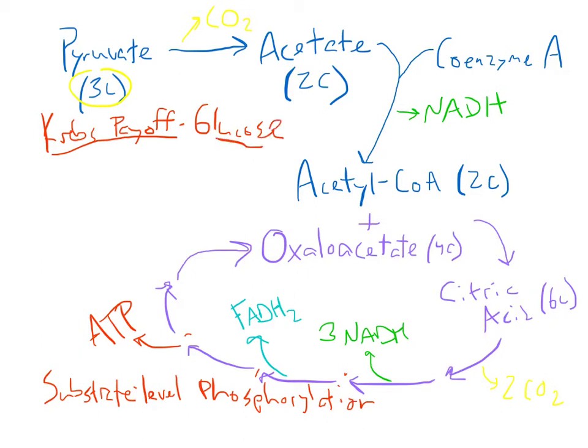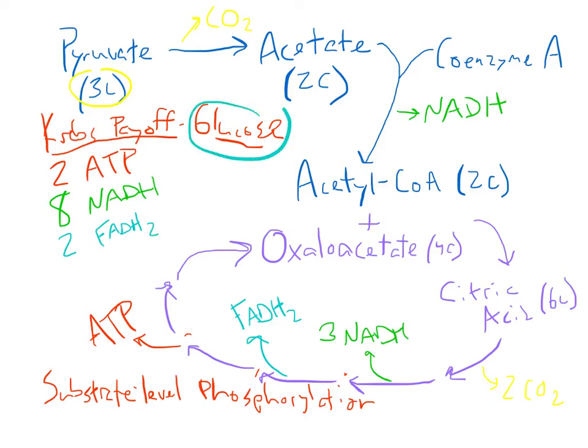So every 2 pyruvates that go through here, we're going to form 2 ATP for every glucose, and we are going to form 8 NADH for every glucose, and we are going to form 2 of those FADH2s. And that's for each turn of glucose.